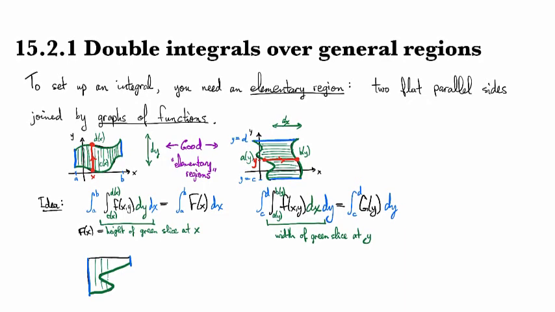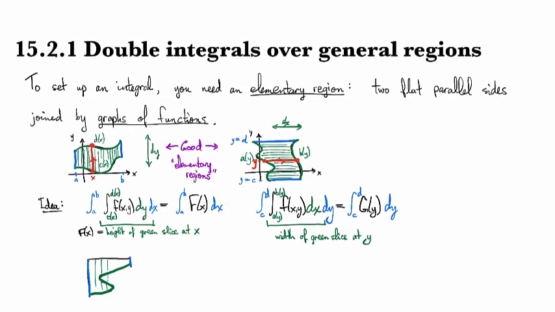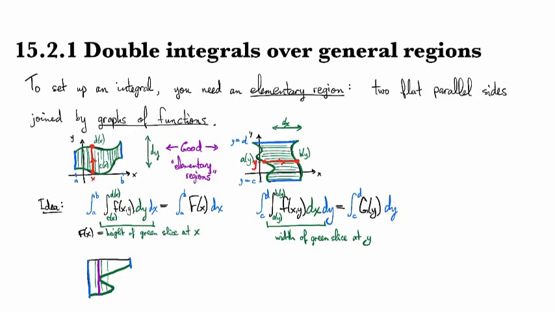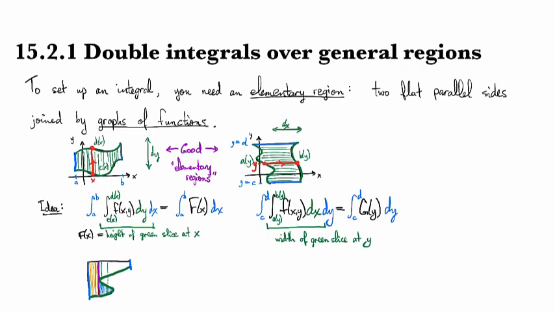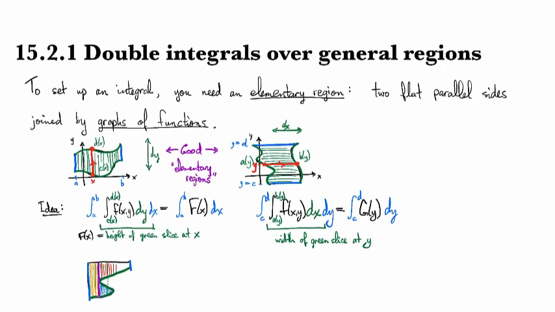So if I were going to integrate a function over this region, I would have to partition it. Like maybe I could split it right here, and then I have a bunch of pieces. So now I've got an elementary region here that's orange, an elementary region here that's blue, and an elementary region here that's red. So I would have to cut it up.